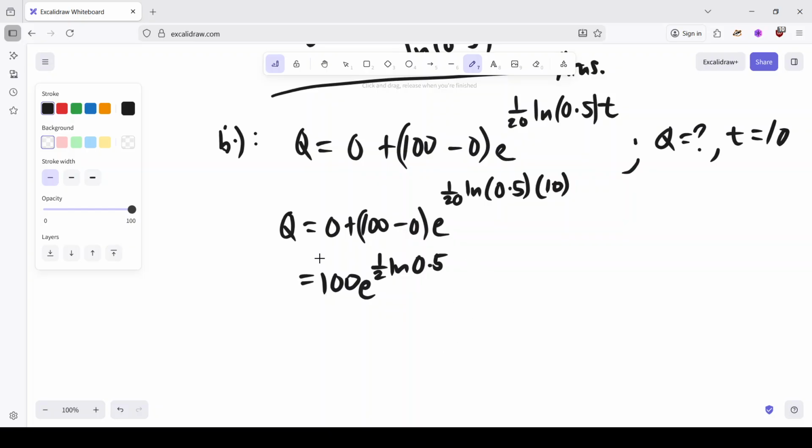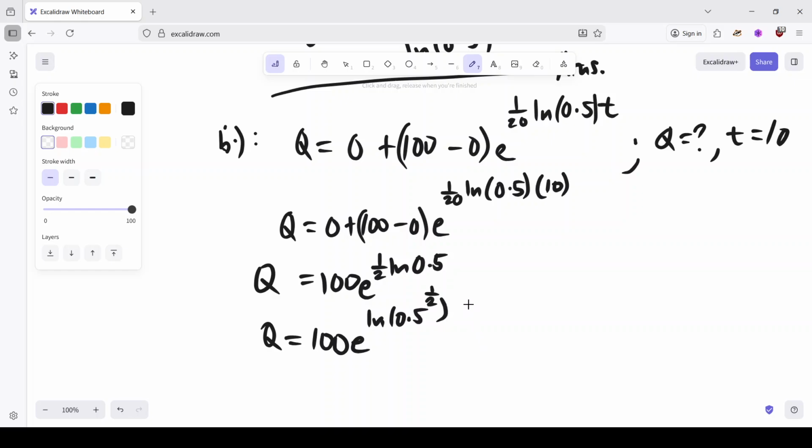Again, this is an acceptable answer, but if the choices do not contain e or ln, we can use this one. Q is equal to 100 e raised to ln of 0.5, raised to 1 half.